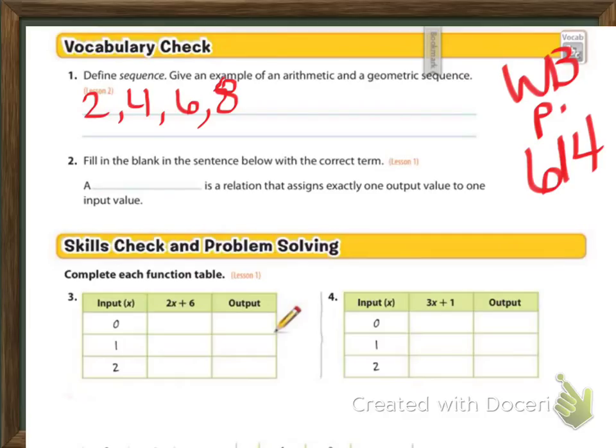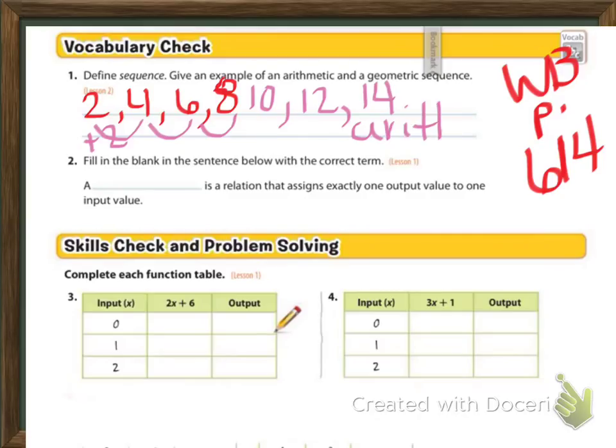This is an arithmetic sequence because every time that you move forward, you are adding 2. 2 plus 2 is 4, 4 plus 2 is 6, 6 plus 2 is 8. I could predict the next term and say 8 plus 2 would be 10. I could say 10 plus 2 would be 12, and 12 plus 2 would be 14. This would be an example of an arithmetic sequence.